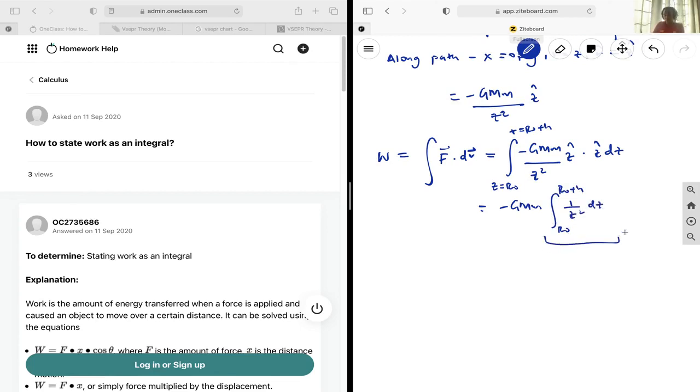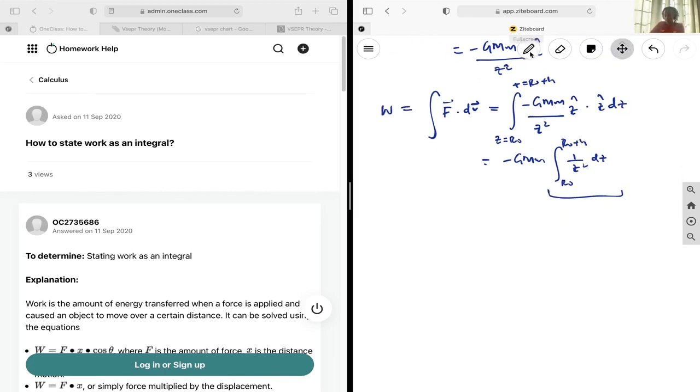And for this, we can just easily use the integral of exponents to find out what that is. For a final answer, you will get G M m multiplied by 1 over z, and it's a bounded integral, so you want it from R0 to R0 plus h.